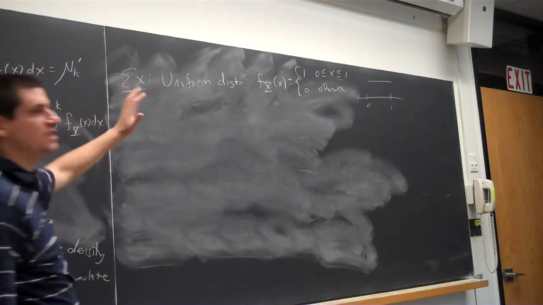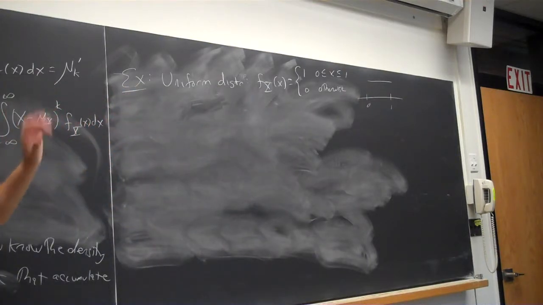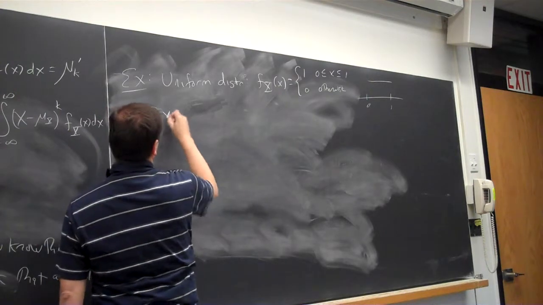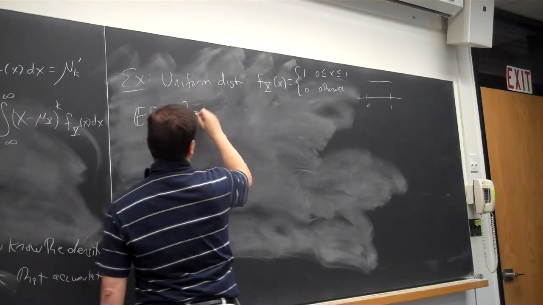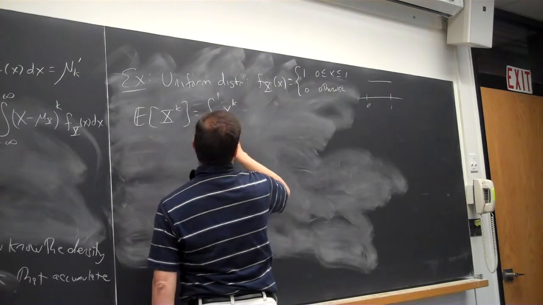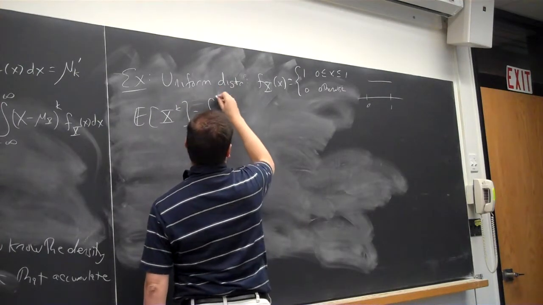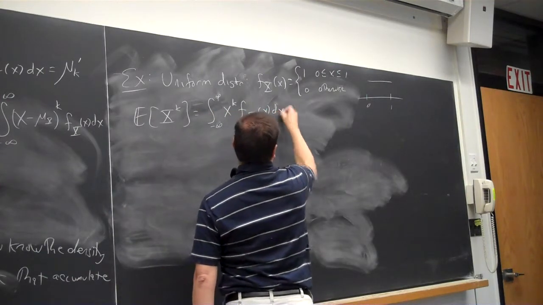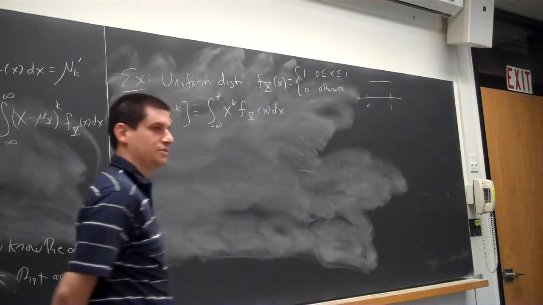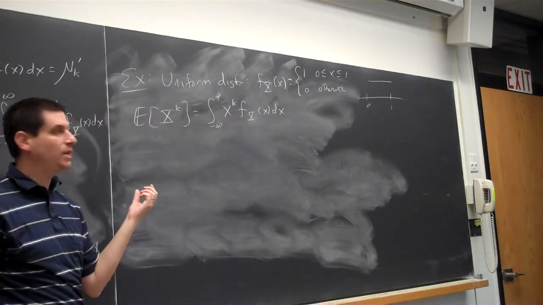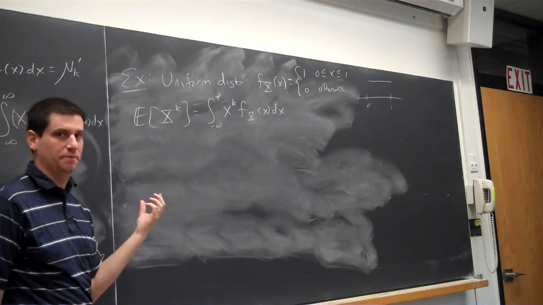So again, before you even start the problem, can you get a sense of what the answer is? So the kth moment is the integral of x to the k, well, technically from minus infinity to infinity. Okay, now that we have this, remember the density is only non-zero if we are between 0 and 1.